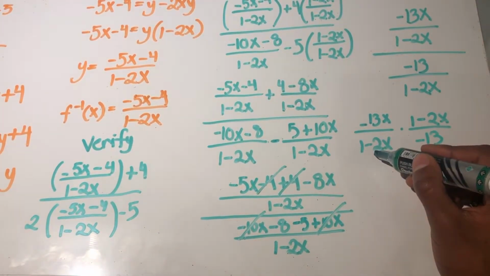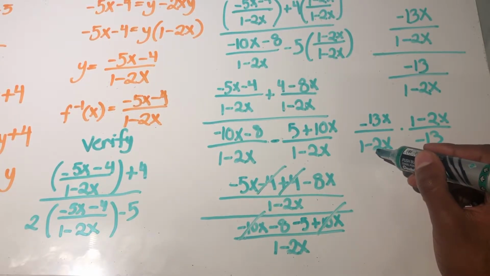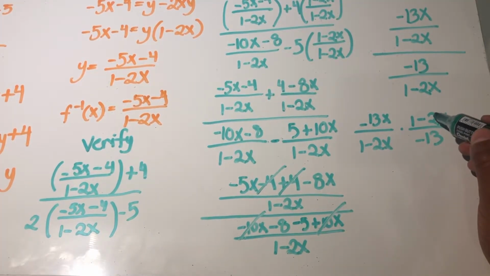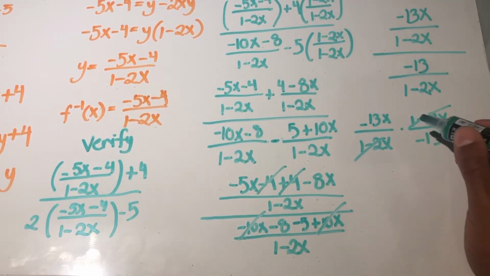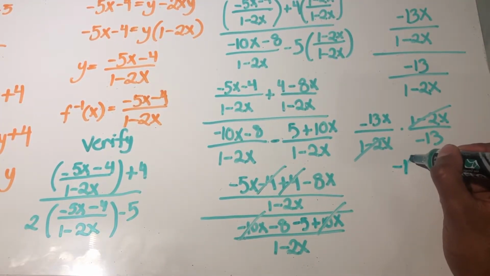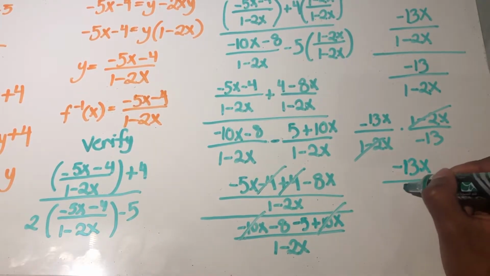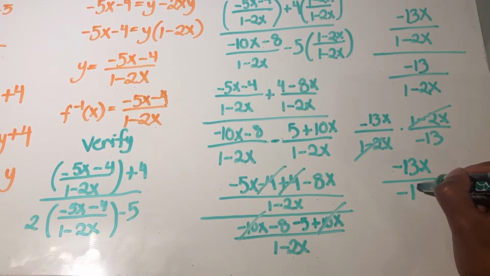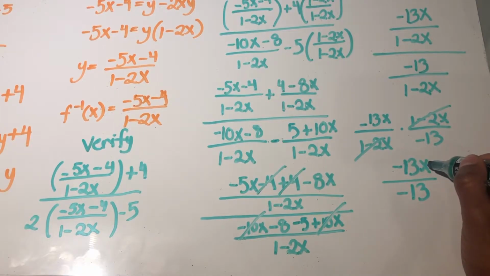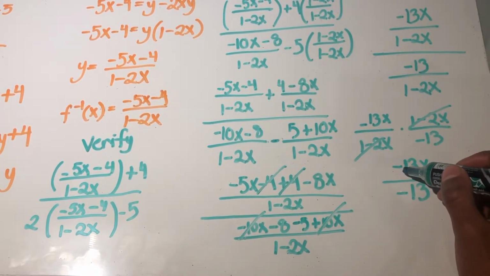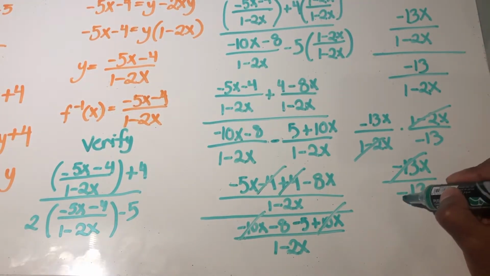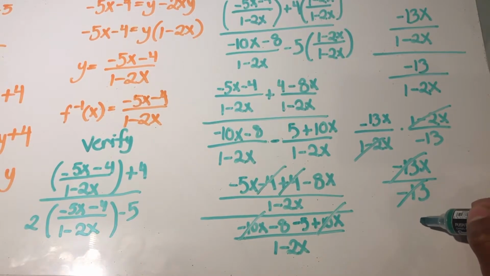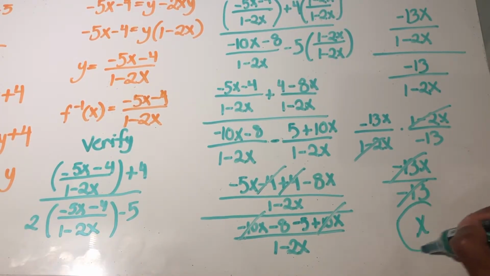So the 1 minus 2x in the denominator in the first fraction is going to cancel with the numerator of the second fraction. We're going to end up with negative 13x over negative 13. And negative 13 divided by negative 13 is just going to give us 1, and we're left with, finally, x.